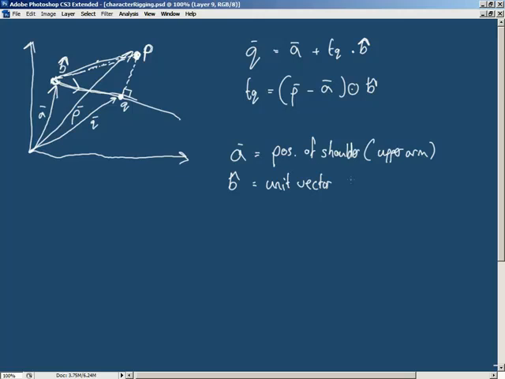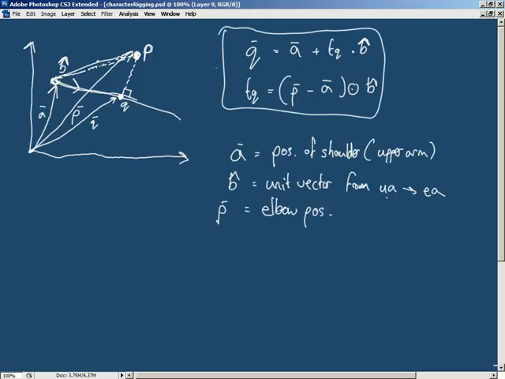So I'm going to say from upper arm to end effector. And P is our elbow position. So we have the three components we need to plug into this equation, and that equation will return to us Q, the position of the root of the perpendicular from our elbow to that twist axis.